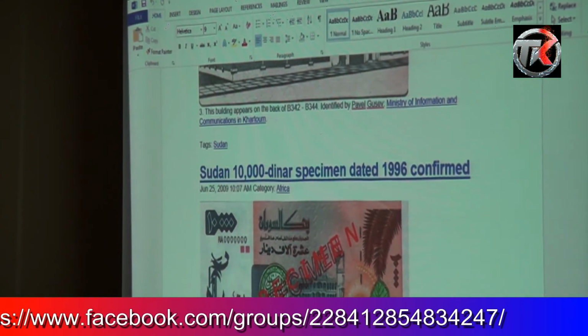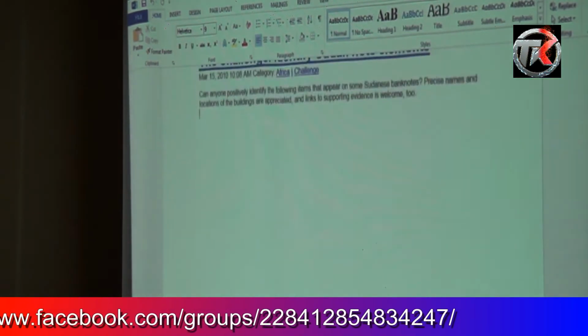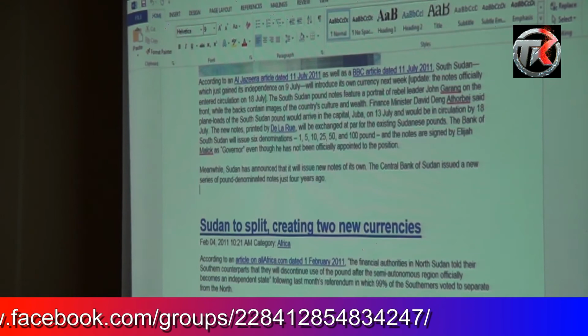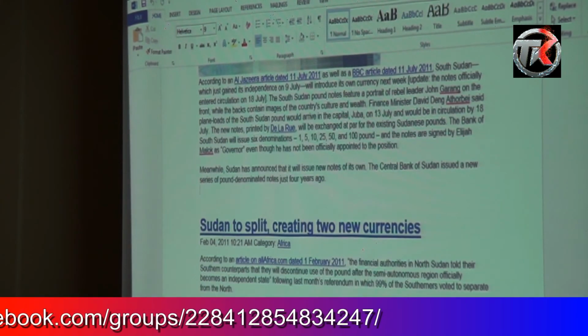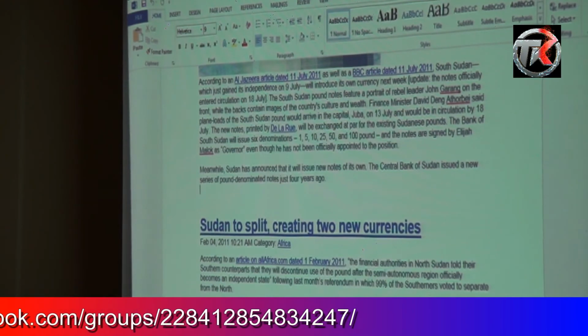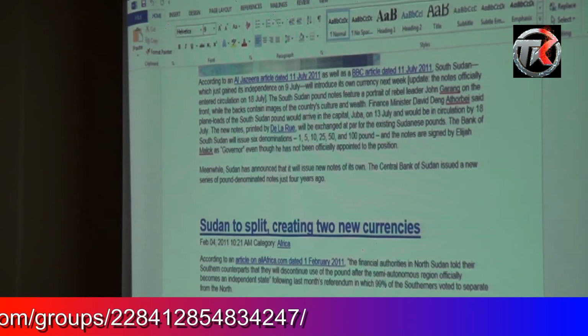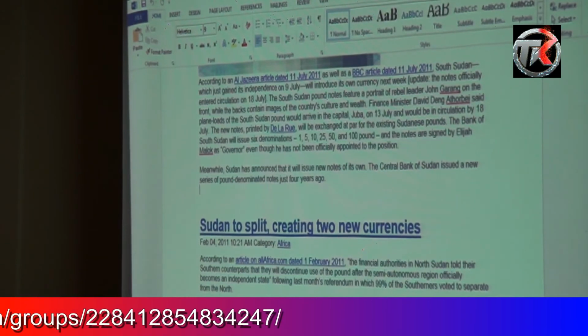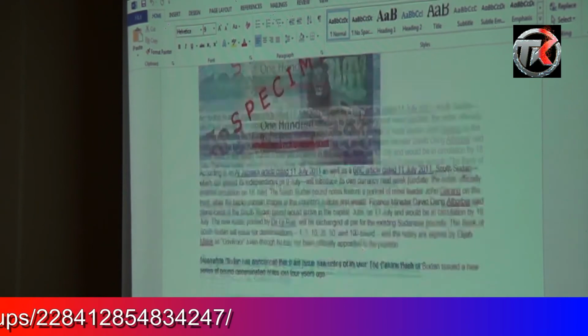This is now obsolete. Then in 2011, Sudan split. They have two different currencies. And I'll now go about the main Sudan, not South Sudan. South Sudan has become a new country.